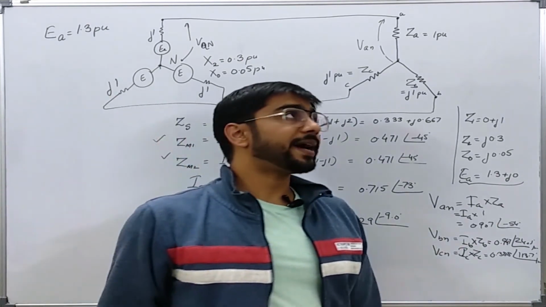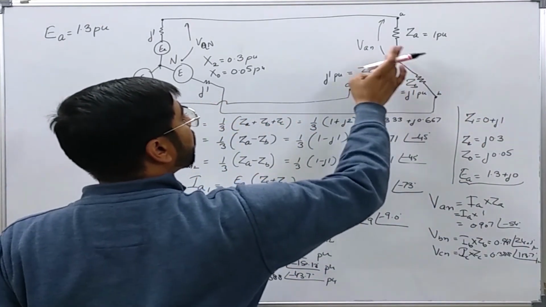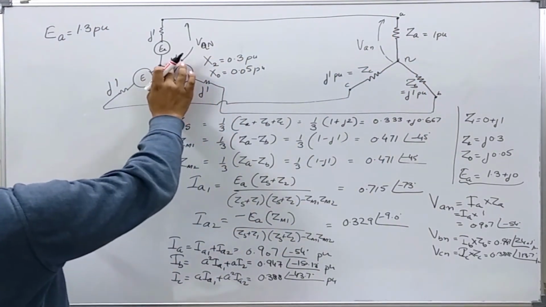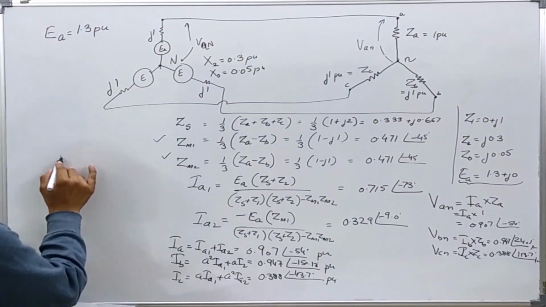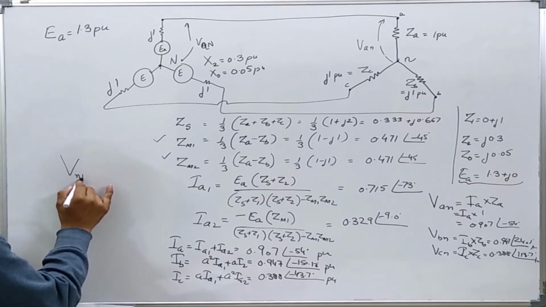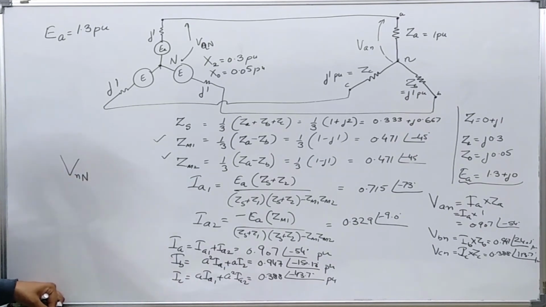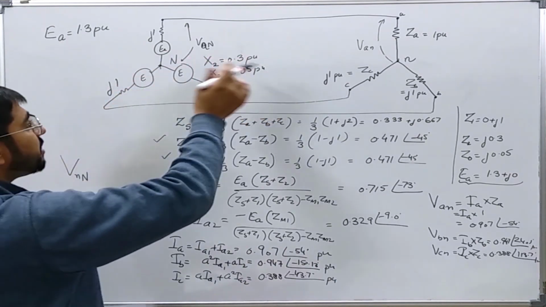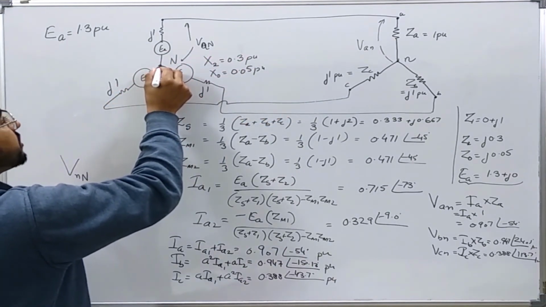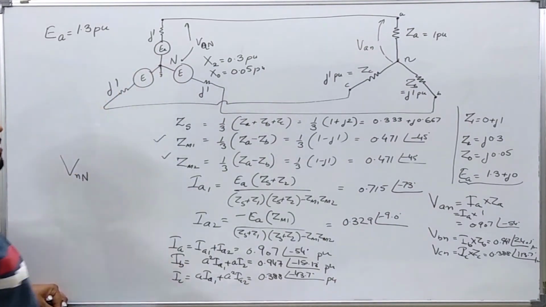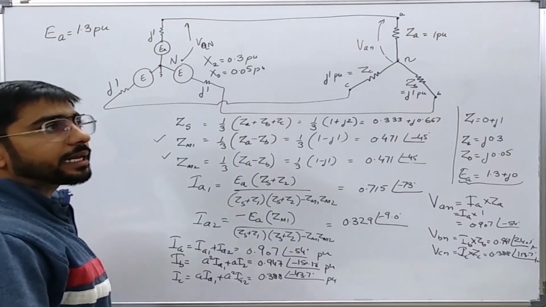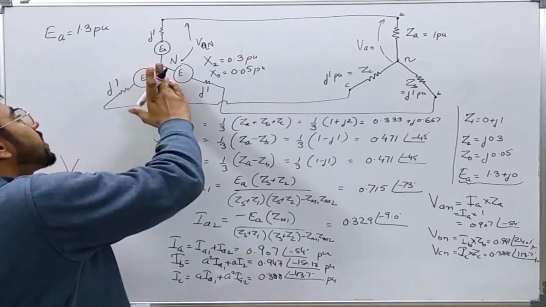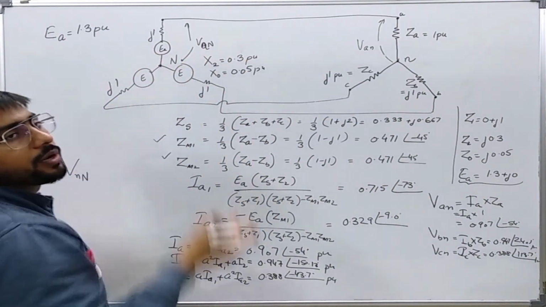Now we need to find the potential difference between this point small n and this point capital N. We need to find VnN. Now in this circuit, what is VnN? Let us say I ground this. Then you can clearly see that Vn is nothing but VnG only. If I don't ground it, it is VnN only.